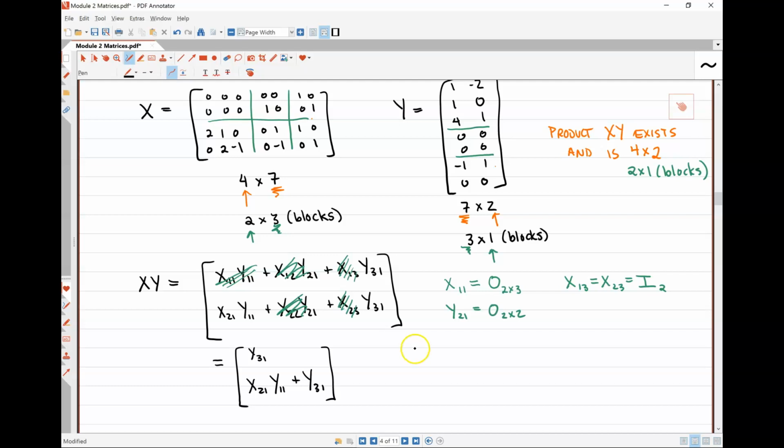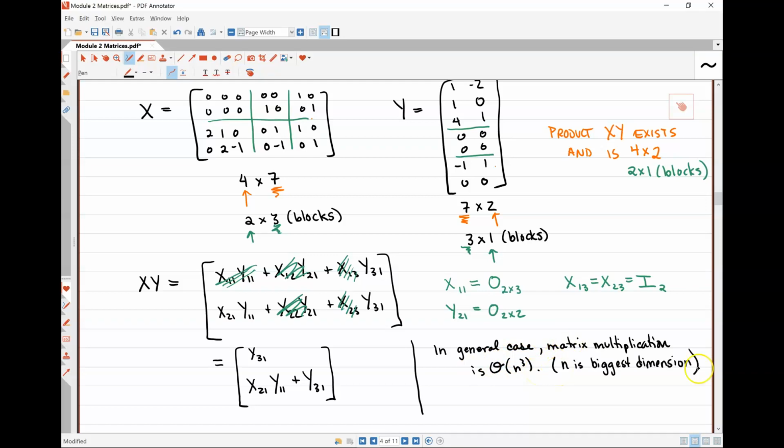In a video coming up, we're going to talk a little bit about computational time complexity of matrix multiplication. And in the most general case, matrix multiplication is big O of n cubed, where n is the largest dimension. So in the case of these matrices, 7 is the largest dimension that shows up. So multiplying without using the blocks and just doing the straight ahead algorithm for multiplying x times y would cost around 7 cubed operations.